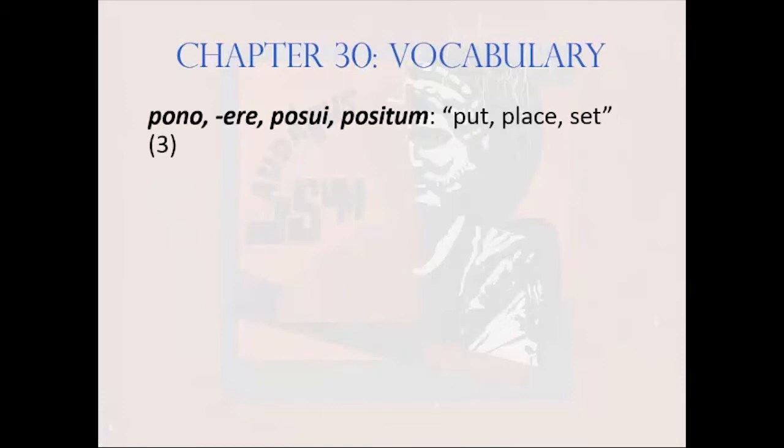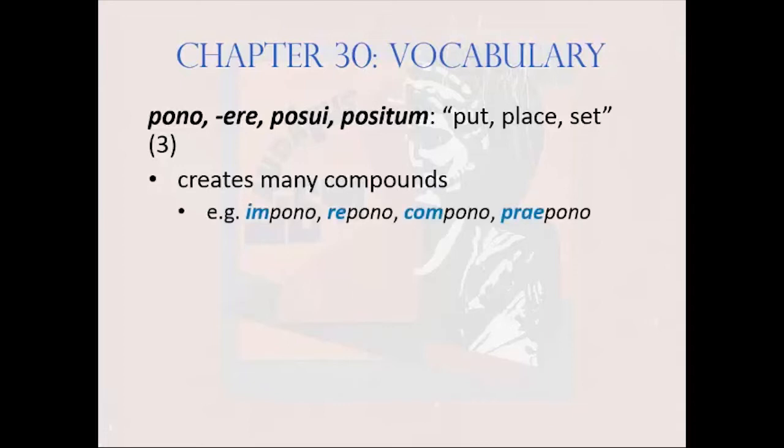Next is another third conjugation verb, pono, ponere, possui, positum, meaning put, place, or set. A verb that is itself both widely used and has created many frequently used compounds, such as impono, place on, repono, put back, compono, put together, prepono, place before.